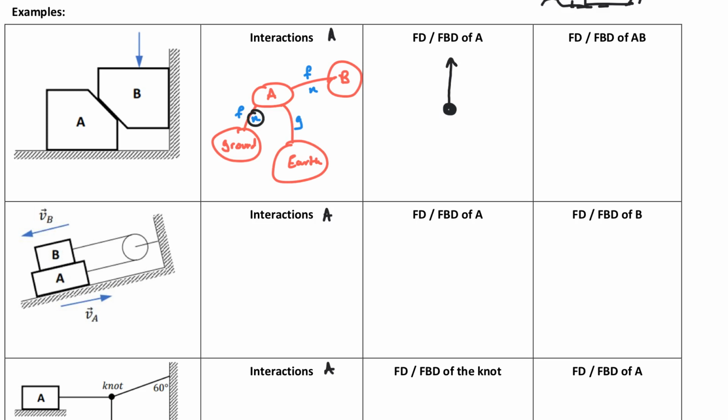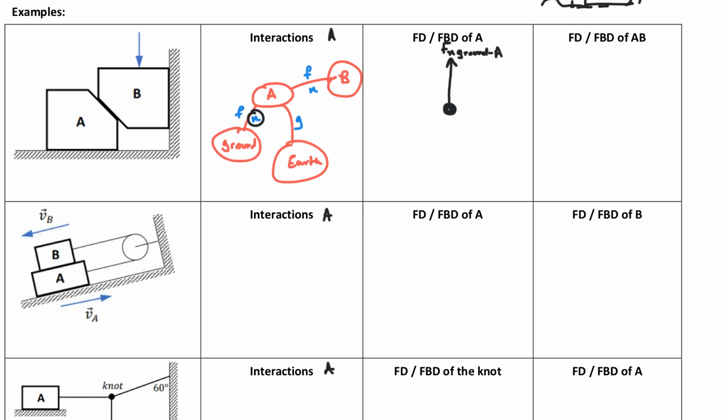That's the normal force. So this is the normal force, and it's coming from the ground and going to A. So this is showing the direction. This is the magnitude. This is the type of force, ground to A.